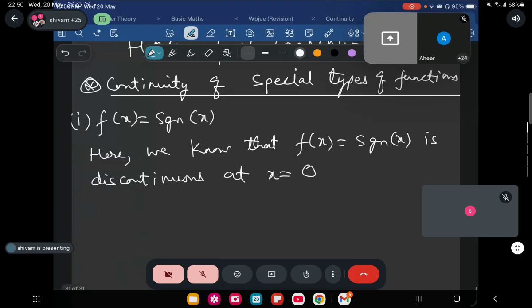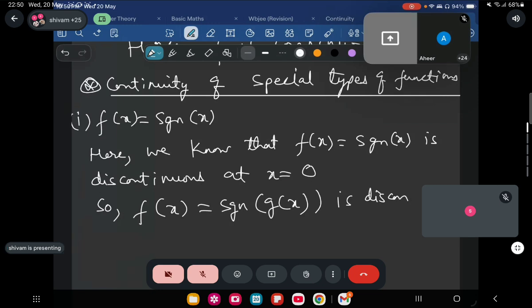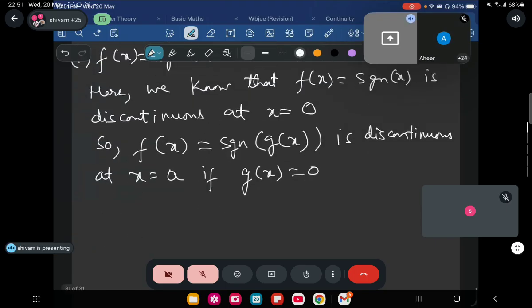So we can say, if it is given, f of x equal to signum of g of x is discontinuous at x equal to a if g of a equal to 0.